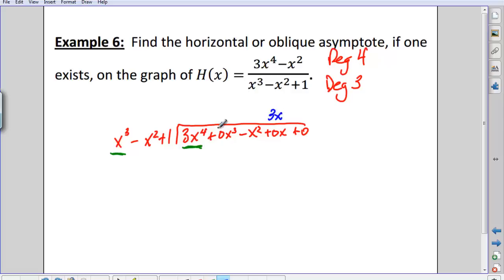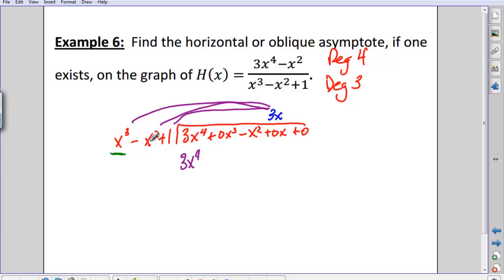Notice I put that 3x on top of my x column, so we keep all this orderly and arranged. Now I'm going to multiply back through, distributing the 3x to all three of those. 3x times x cubed is 3x to the 4th.